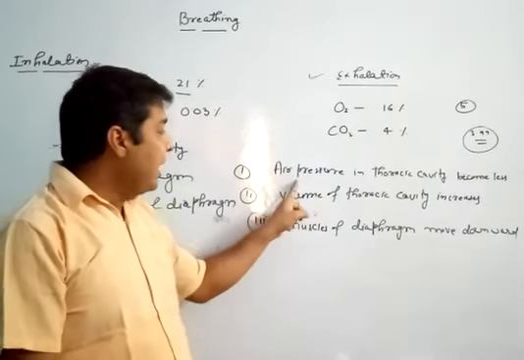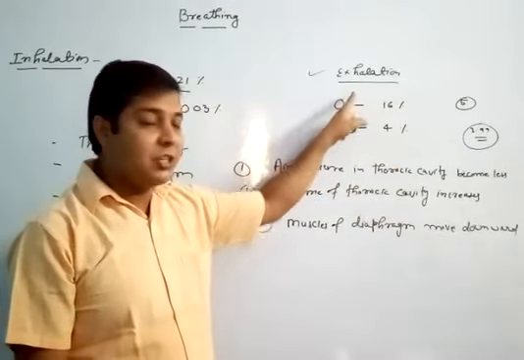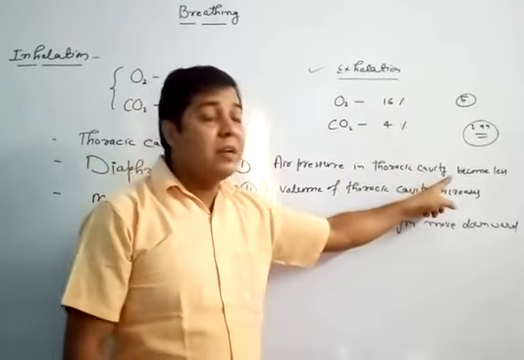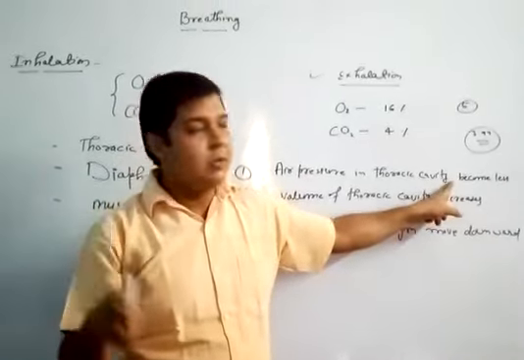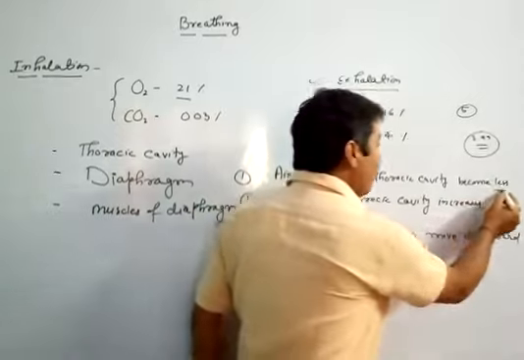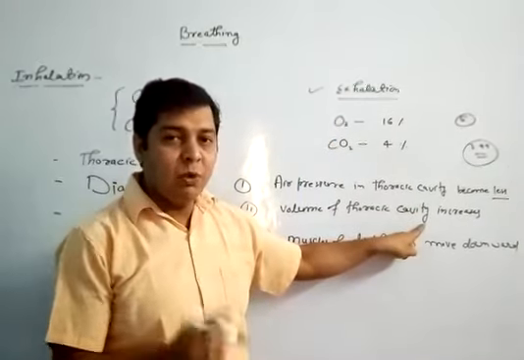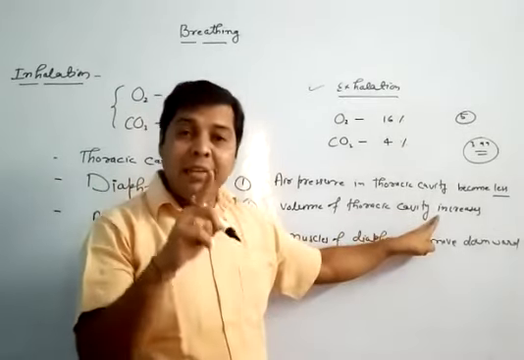In case of exhalation, it would be opposite: air pressure in the thoracic cavity becomes more than outside. Second, the volume of the thoracic cavity was increased in inspiration, so the opposite: the volume of the thoracic cavity decreases.